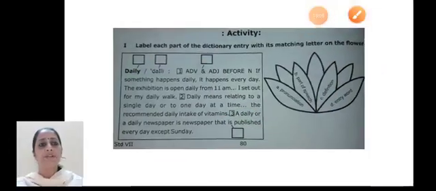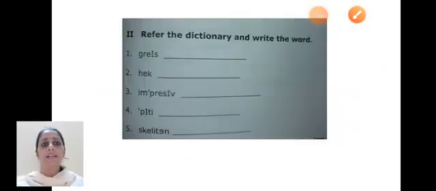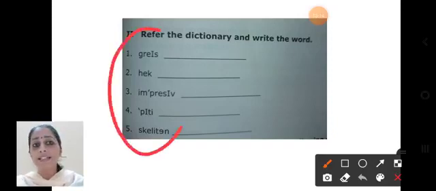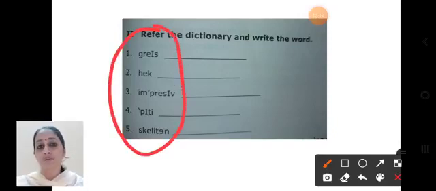Great. Let's move on to the next activity. Refer to the dictionary and write the words. So here I have 5 words for you. The pronunciation of those words is given to you. Now I have images of these pronunciations which will help us to tell which word it is.